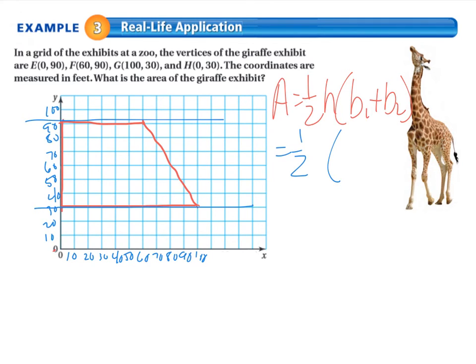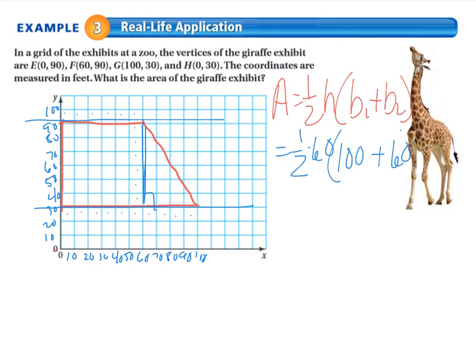Okay, these are not in ones, these are in tens. 10, 20, 30, 40, 50, 60, 70, 80, 90, 100. And up top I have 10, 20, 30, 40, 50, 60. The height, it's got to be perpendicular right here. 10, 20, 30, 40, 50, 60.